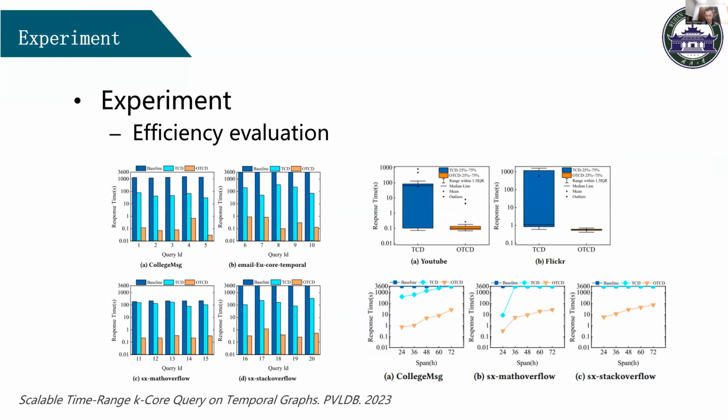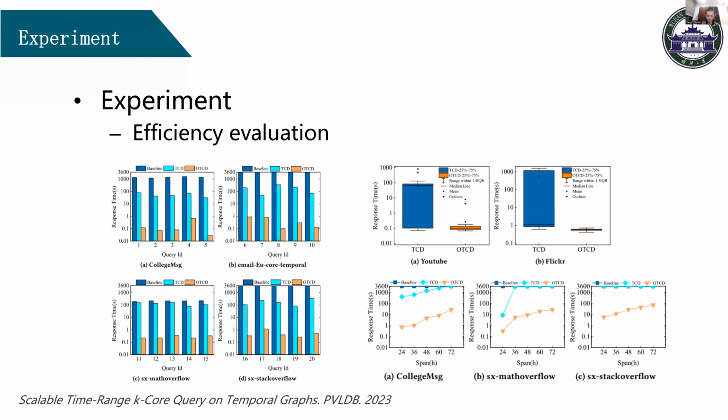As for the experiments, to evaluate the efficiency of our algorithm, we first select 20 random valid queries, and the results are shown in the column chart. Clearly, the OTCD runs significantly faster than the TCD algorithm, and the TCD algorithm also runs significantly faster than the baseline algorithm.